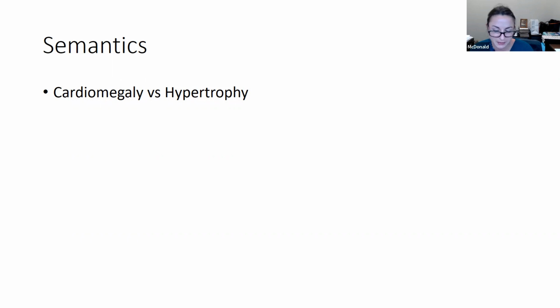So if you're seeing the hypertrophy of the cells, then you can call it hypertrophy versus something like amyloid, which will increase the weight, but not necessarily cause there to be hypertrophy. So I think there can be a little bit of confusion sometimes in the way they chose to define these, but I'm interested to hear your thoughts on that.